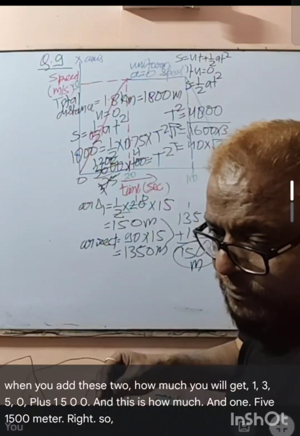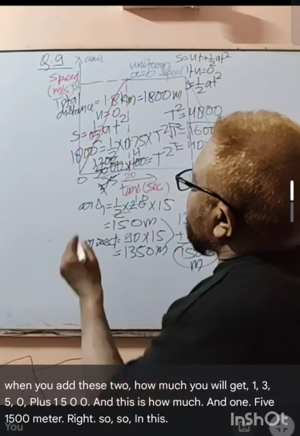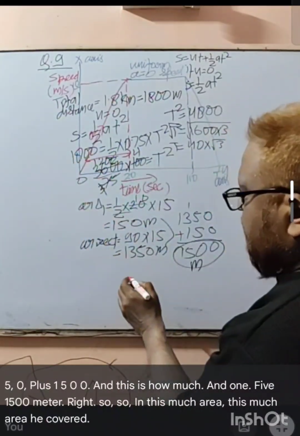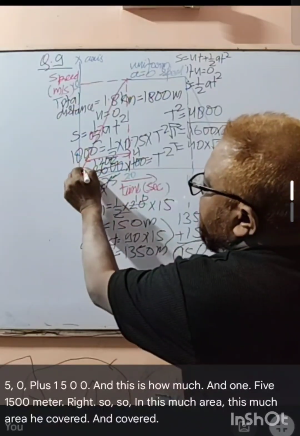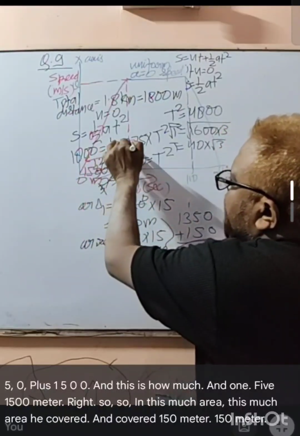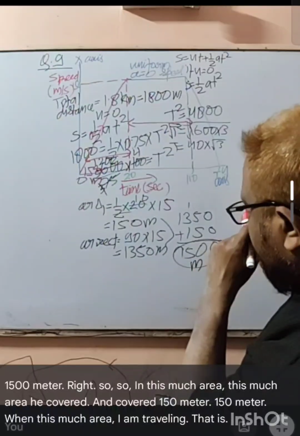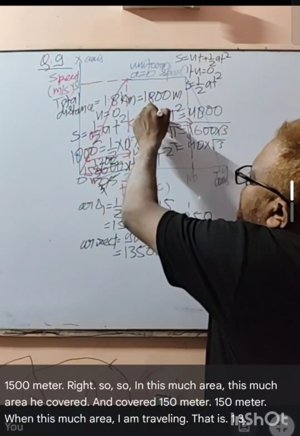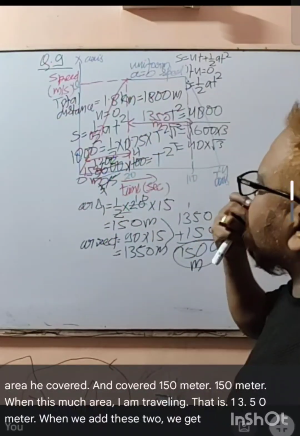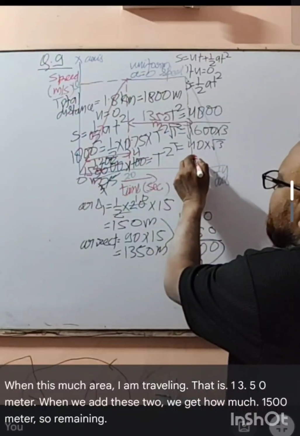So in this area he covered 150 meter. When this much area I am traveling, that is 1350 meter. When we add these two, we get 1500 meter.